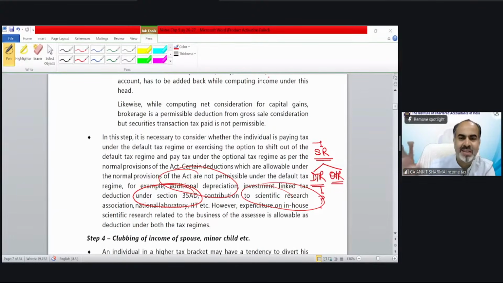There is a certain exception also, not in case of land, etc. But only allowed in case of in-house scientific research. So these kinds of small points you have to keep in mind, because these kinds of simple mistakes will hurt you a lot in the examination. Clear, bachcho? Yes, in-house research for business purposes is allowed.